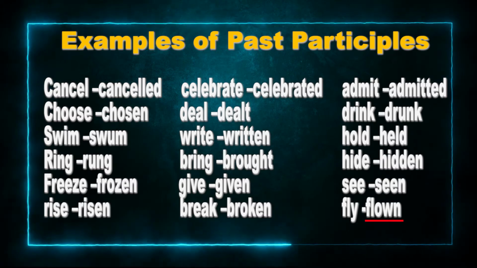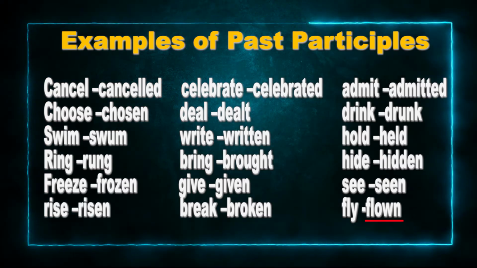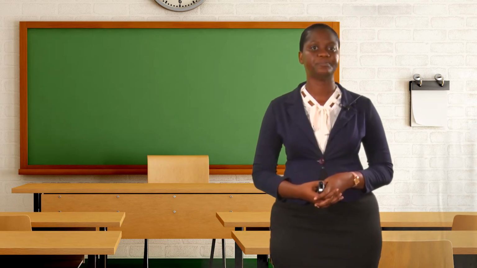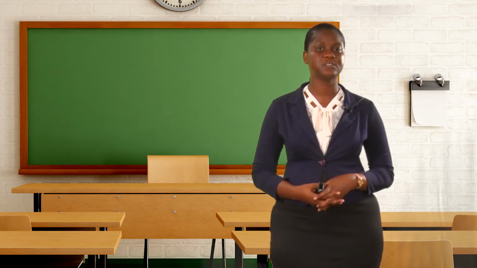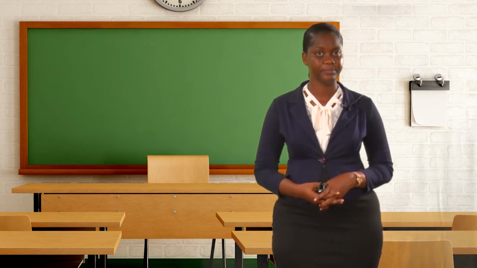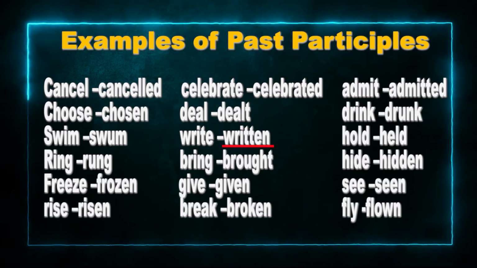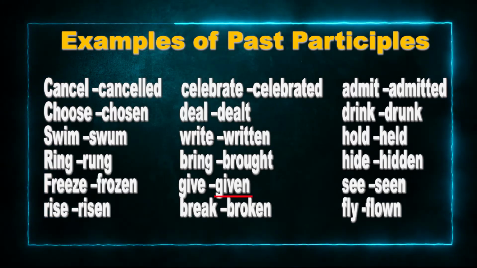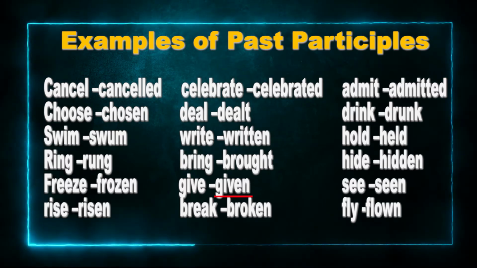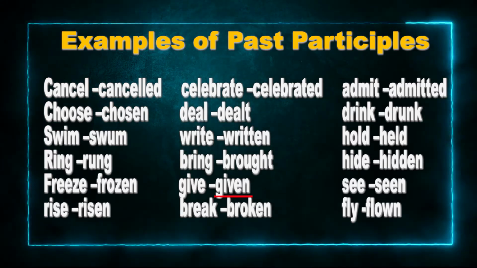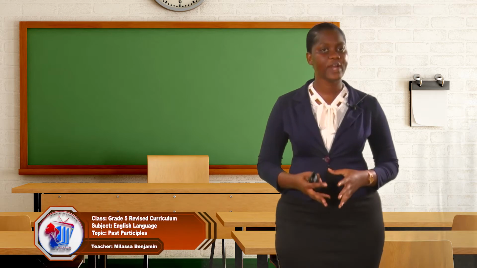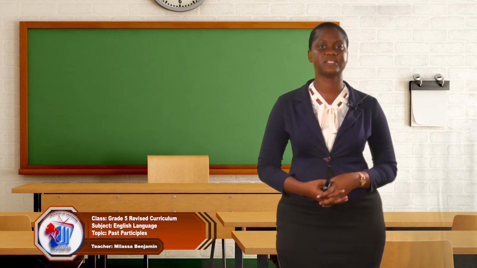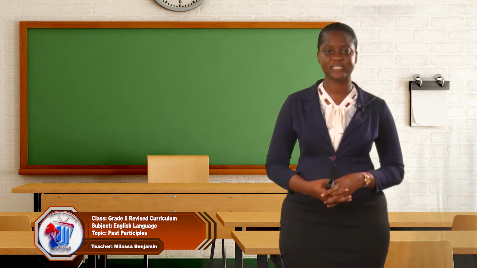So those are some examples of past participles of given verbs. The regular verbs, as we stated, can form their past participles by simply adding -ed. But as you can see with written or hidden and swum or given, these irregular verbs form their past participles differently. So let's try to form the past participles of these verbs in brackets for each of the sentences.